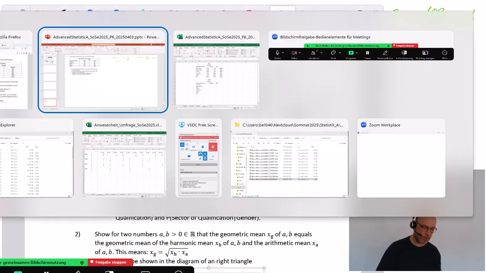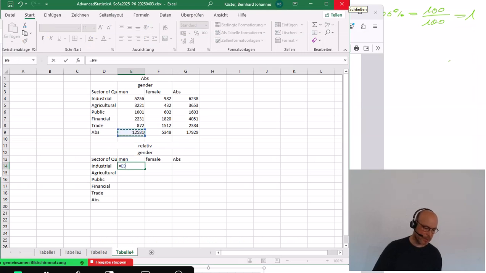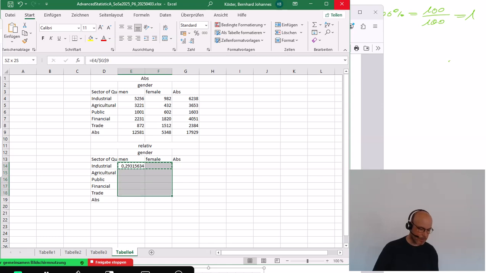And therefore, in order to obtain your percentage number, you of course have only to take 5,000, almost 18,000. This we fix by dollar signs because now of course we want to divide all our numbers by the absolute value. No, it's working.